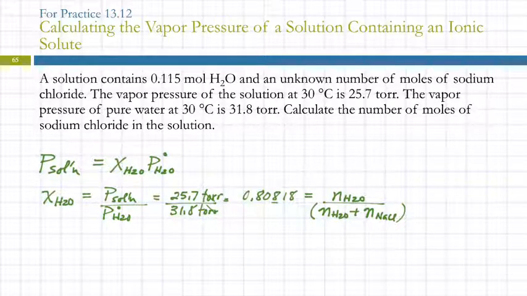Well, we know what the moles of water are, 0.115. So we could substitute that in. So this is going to equal 0.115 moles over 0.115 moles plus the moles of sodium chloride.